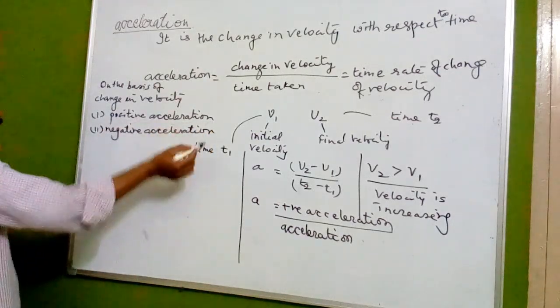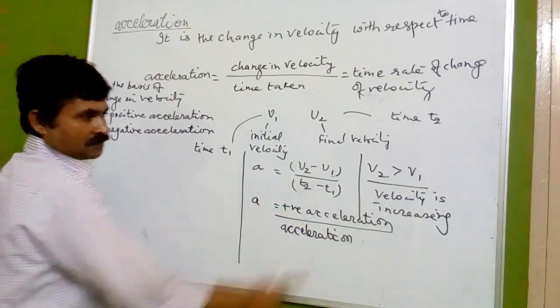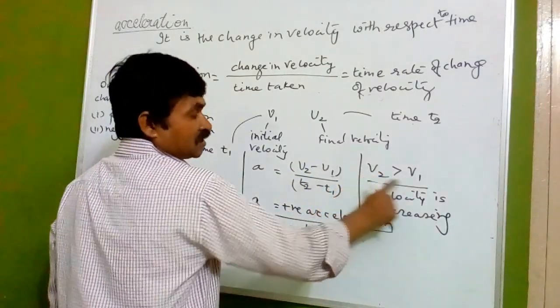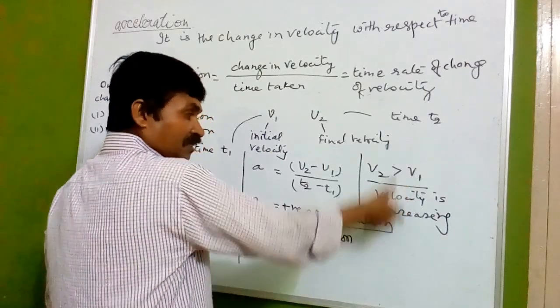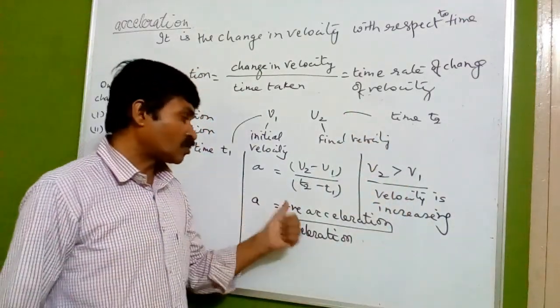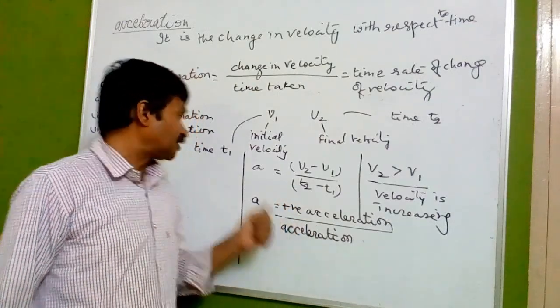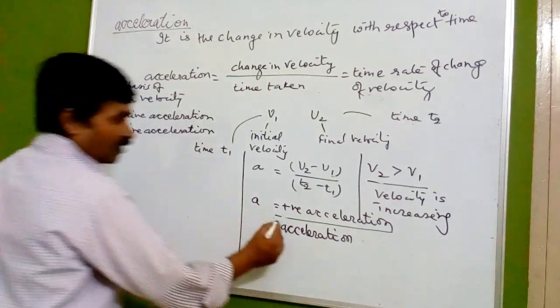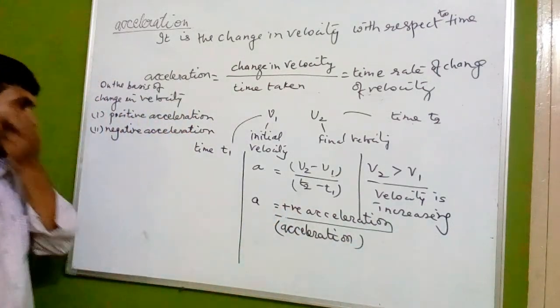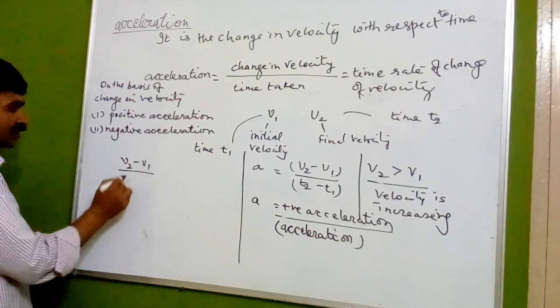Now we have gone through the positive acceleration, v2 minus v1 upon t2 minus t1. v2 is increasing as compared to v1, means there is an increment in the velocity. When there is an increment in velocity, the acceleration will be positive, and positive acceleration we can simply call an acceleration only.